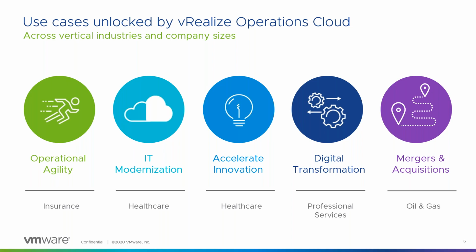We have a healthcare organization telling us about IT modernization. They need to shift the maintenance and the upgrade responsibilities from their on-site team, from their IT staff to VMware. And then we have another healthcare organization who is telling us the reason that they're moving to SaaS-based IT is they need to increase their business growth and accelerate their innovation in their research and development department, because they have to reduce their time to market for their clinical trials.